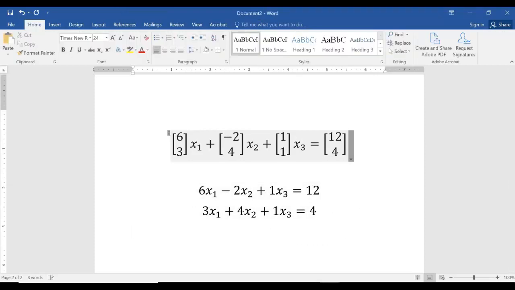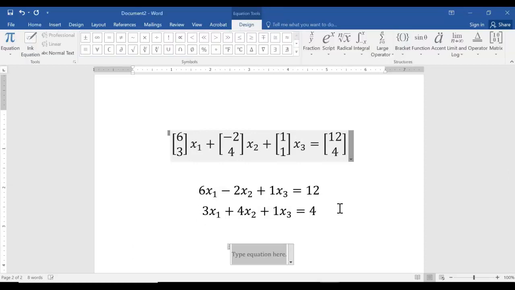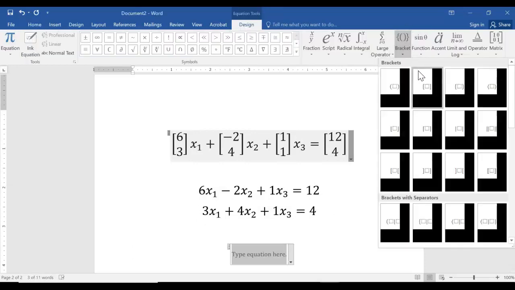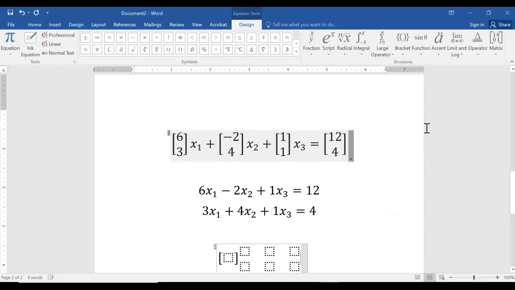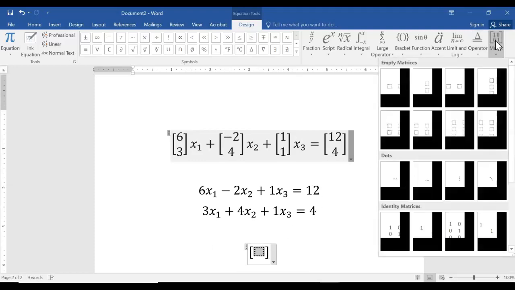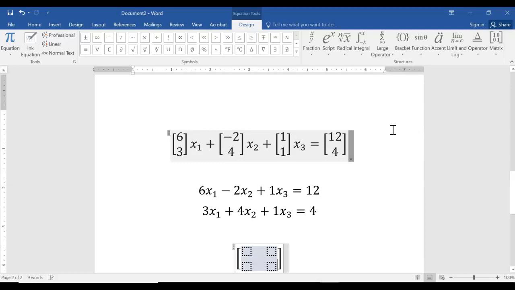If I want to create an augmented matrix, we're going to need 4 columns. Hopefully you see that. To get an augmented matrix, we're going to end up with 4 columns.